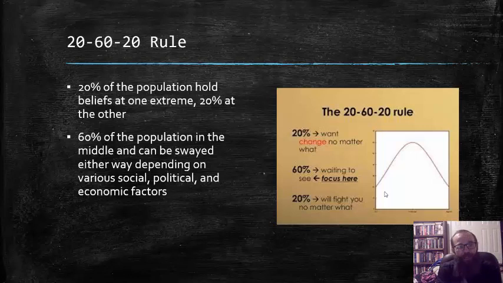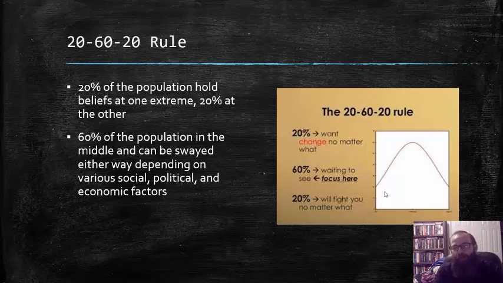The other 20% hold at the right of that political spectrum. Then, of course, you have that 60% in the middle, those moderates that we talked about in the previous slide. And again, the middle can be swayed either way depending on the various social, political, economic, and other factors involved in the particular debate going on.